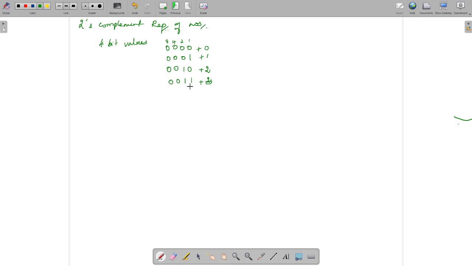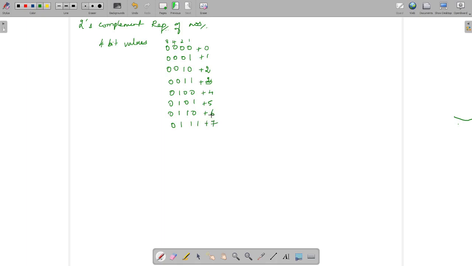So it is 2 plus 1, so it is 3. The next possible combinations are with 1 in the last but one bit to the MSB, and the other two being 0 0, 0 1, 1 0, and the other combination possible is 1 1. This is plus 4, plus 5, plus 6 and plus 7.